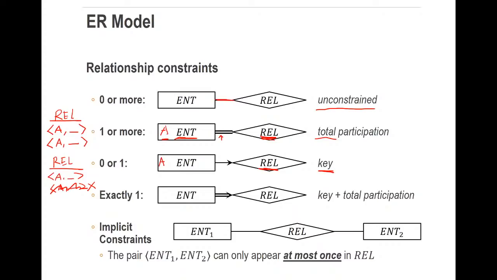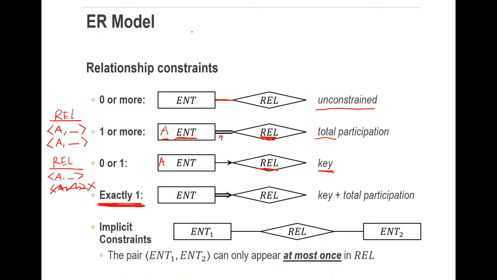Okay, there's this one. It's basically a combination of a double line and an arrow that is exactly 1. Sometimes it is useful to represent it this way.